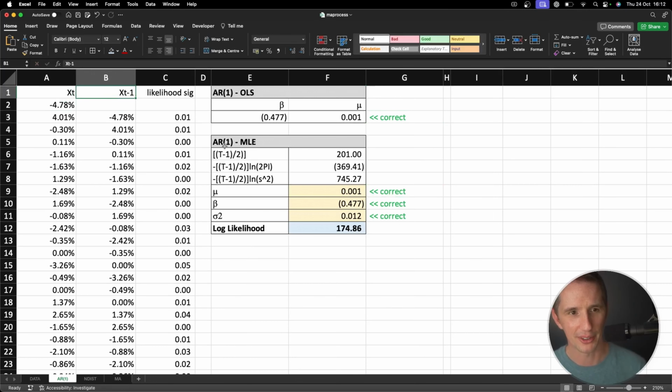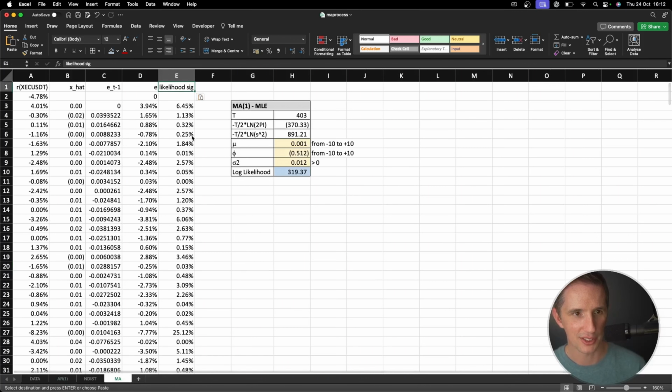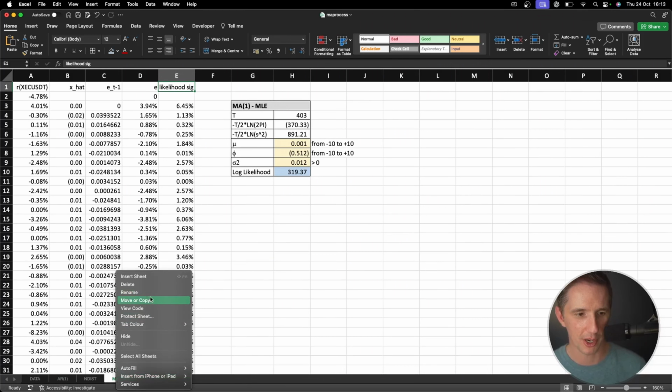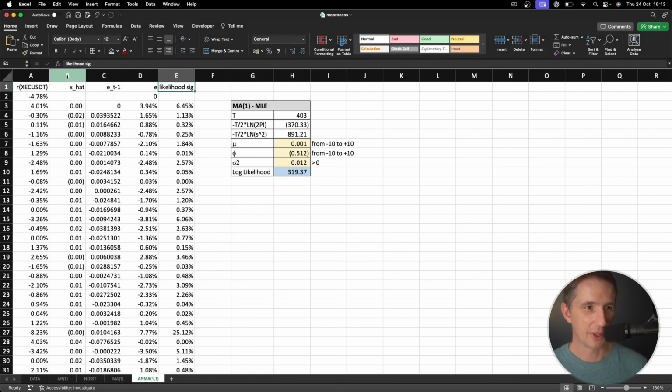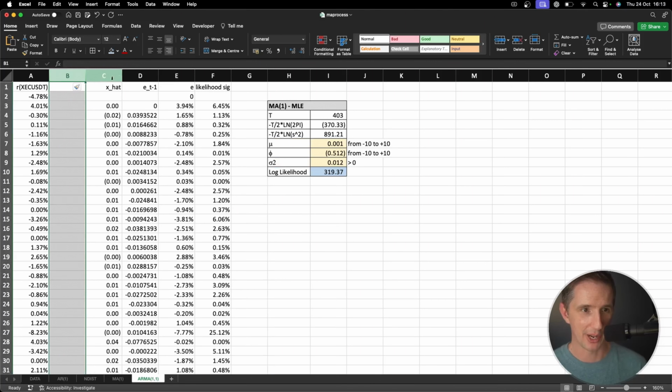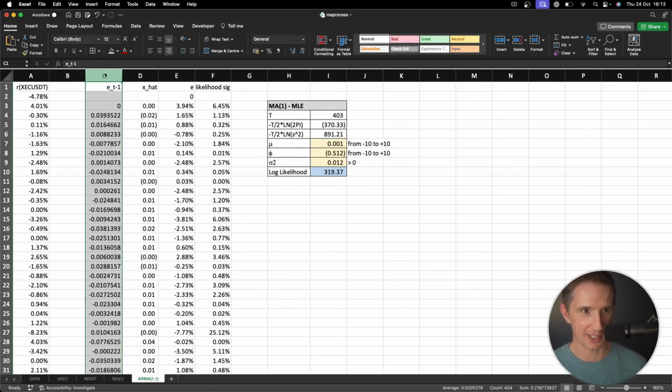But there we go. This here is my likelihood sigma. And here I'm going to call this the same over here. And this here is my MA1. Perfect. So now how do I do this for an ARMA? Well, let's create a copy of this MA1. And now because I'm dealing with an AR as well, I've got my X hat over there, but actually what I really need to do is move this across here.